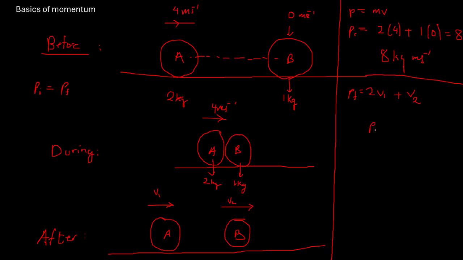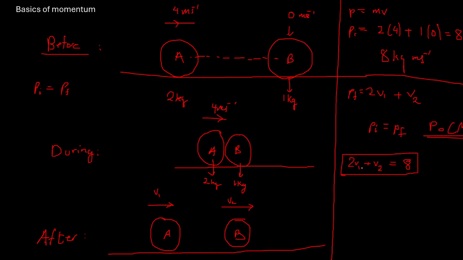Since Pi, the initial momentum, equals the final momentum due to the principle of the conservation of momentum, or POCM, this is the principle that we use. Initial momentum equals final momentum, so that means 2v1 plus v2 equals 8. That is how this entire thing works. This is going to be your momentum formula.